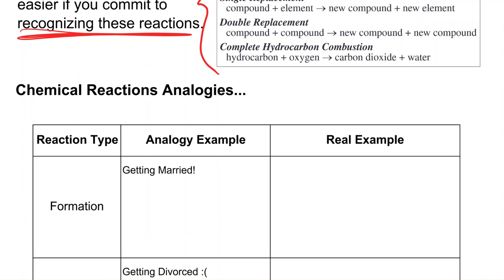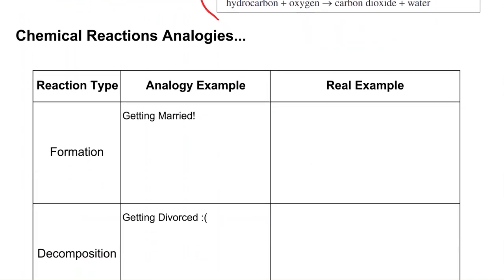The analogy we like to use for this is getting married, where you've got one element and it's going to combine with another element and it's going to make, holy guacamole, a compound. That compound is a combination of 2 elements. Here we've got element number 1, element number 2, and we make a compound that is those 2 elements put together.